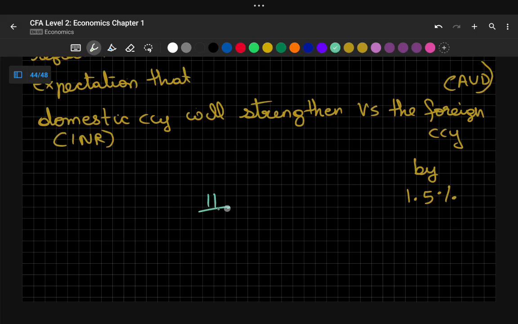Now, why is this equation there and how will it help an investor?